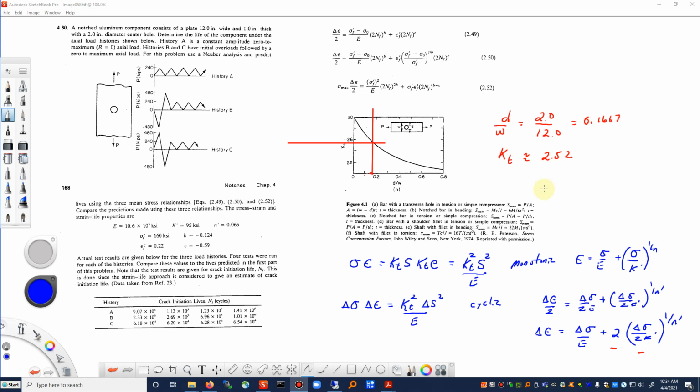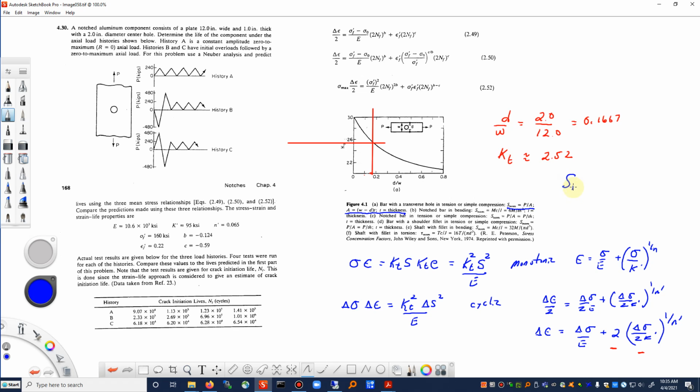Alright, the next thing that we need to make note of is what the definition of the nominal stress is. In this case, for part A, the nominal stress is the force divided by A, where A is defined as W minus D times T. So now W is 12, and the diameter of the hole is 2, so that looks like 10.